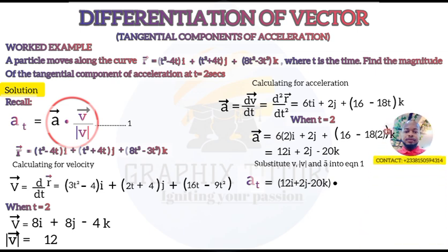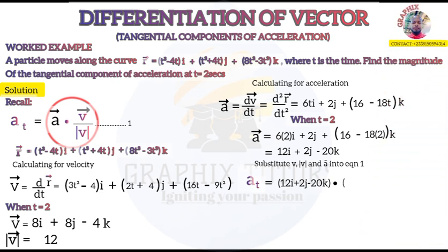Dot product, the value for the velocity is 8i plus 8j minus 4k. All over the magnitude of the velocity, which is 12. So when I expand, when you have dot product, like I taught you earlier, you multiply like terms together. So i for i, j for j, and k for k.